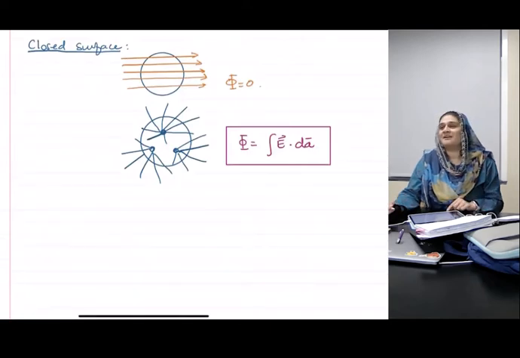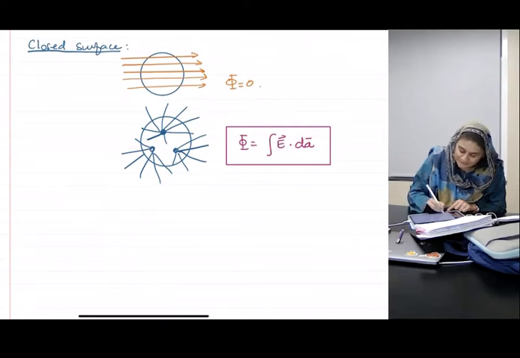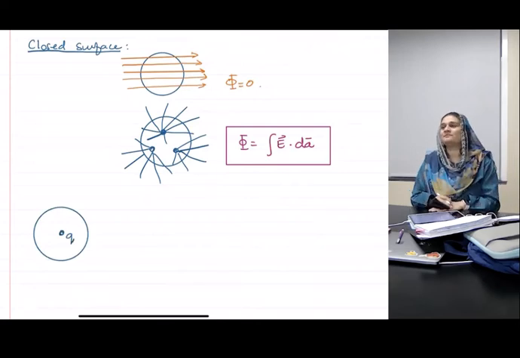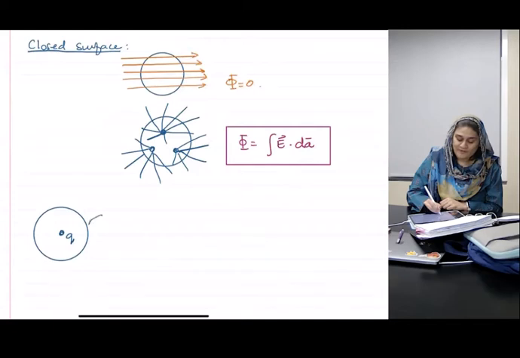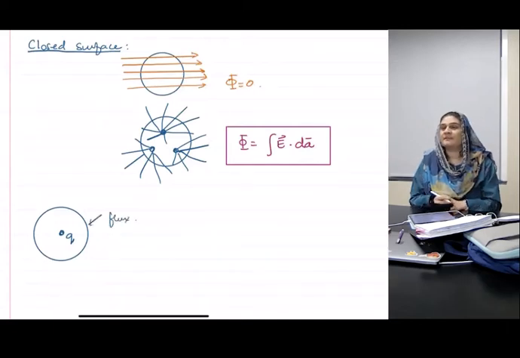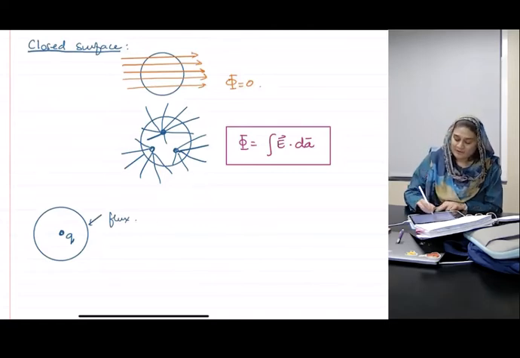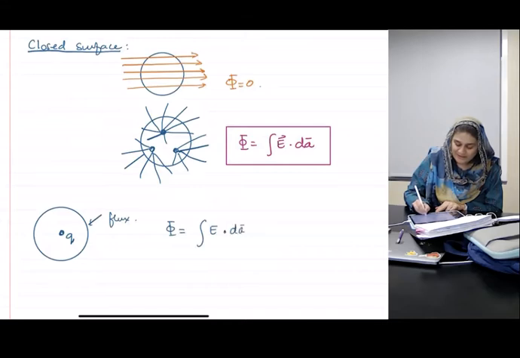Okay, let me start with the simpler case. Let me start with one charge in here. Let's say charge Q, sitting inside. What's the flux through this surface? Calculate the flux. Phi will be integration E dot dA.